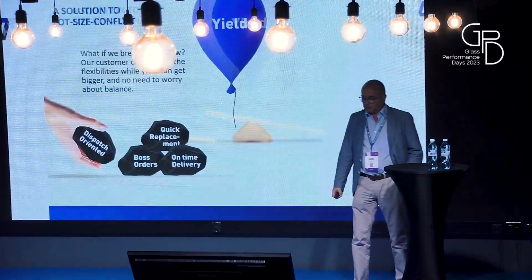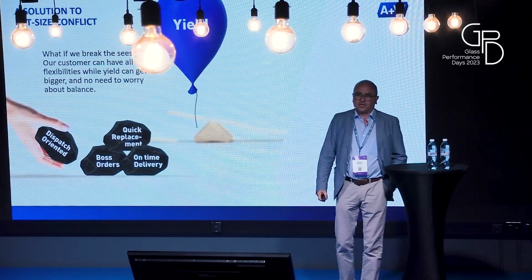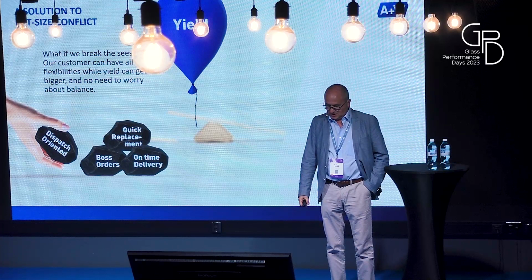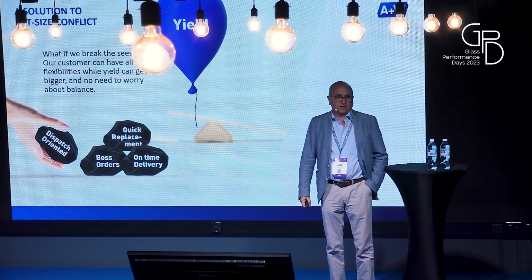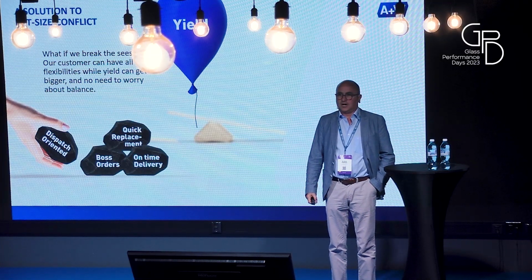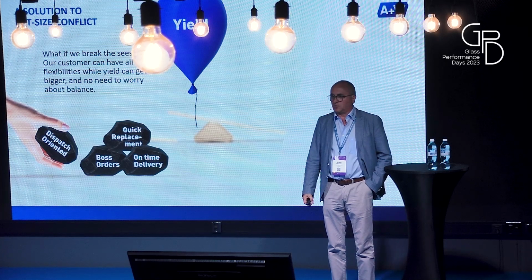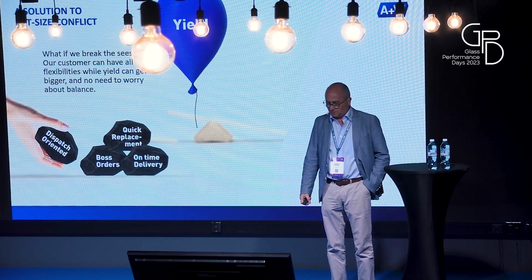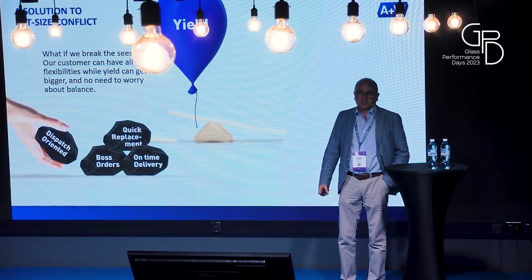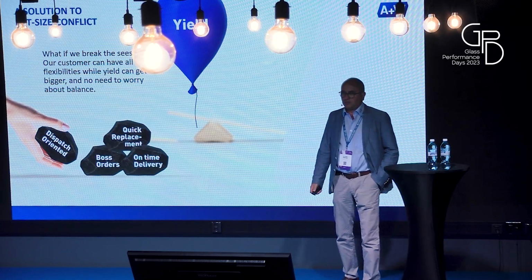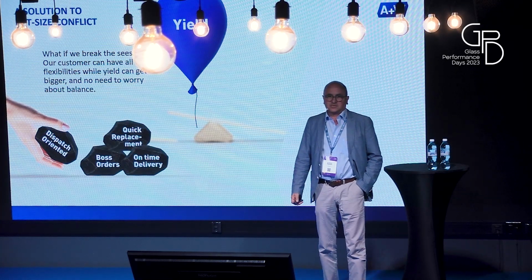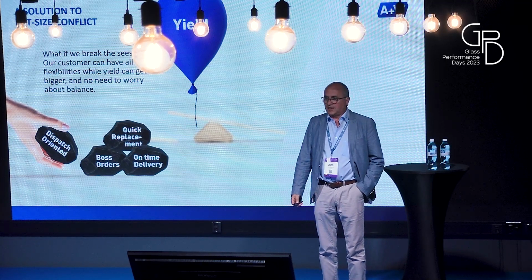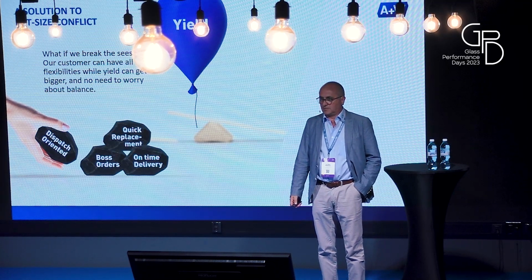Because wouldn't it be nice if we can break this seesaw? If a customer order has no impact anymore, if breakages have no impact anymore, or the least possible amount of impact, boss orders, all this has no impact anymore, but the system keeps that under control by itself.